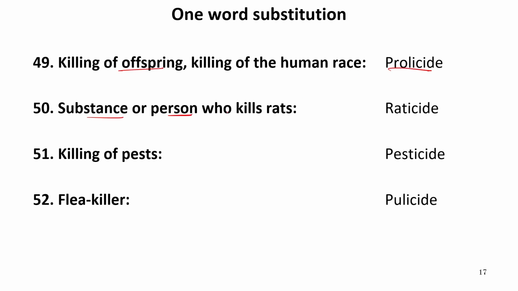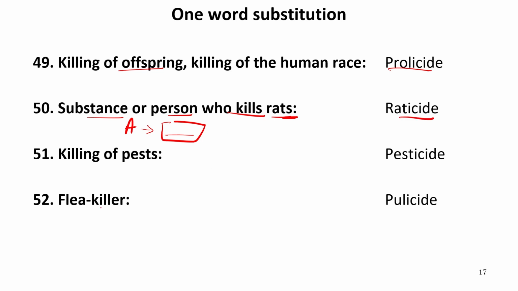Substance or person who kills rats. We know well rats, and suppose there is a person A who uses some kind of poison to kill rats. That poison is the substance which is going to kill rats, and that is known as raticide.